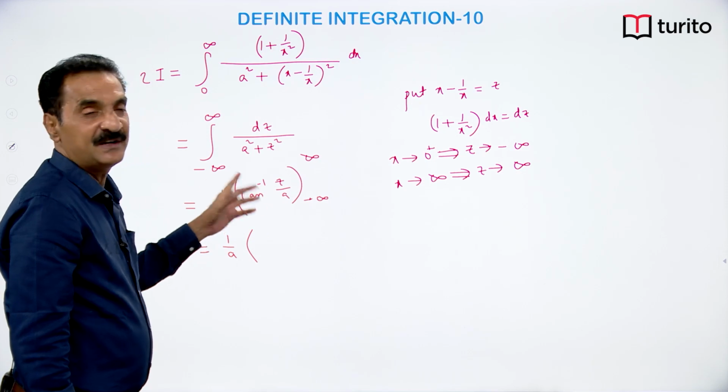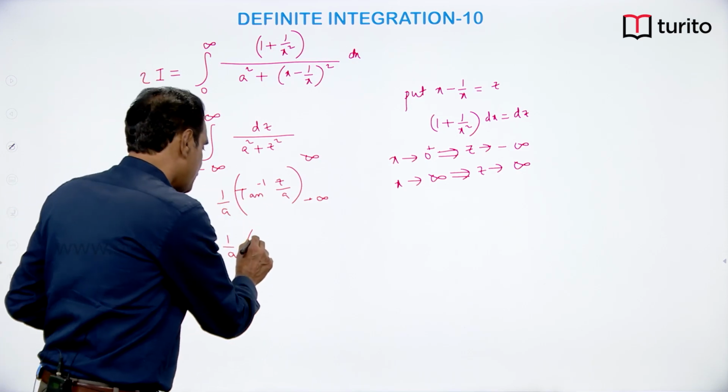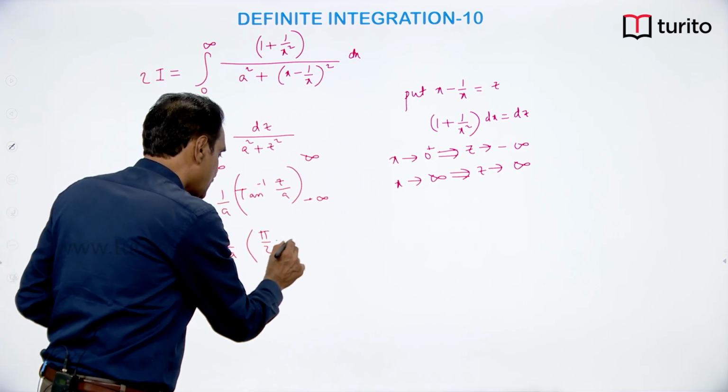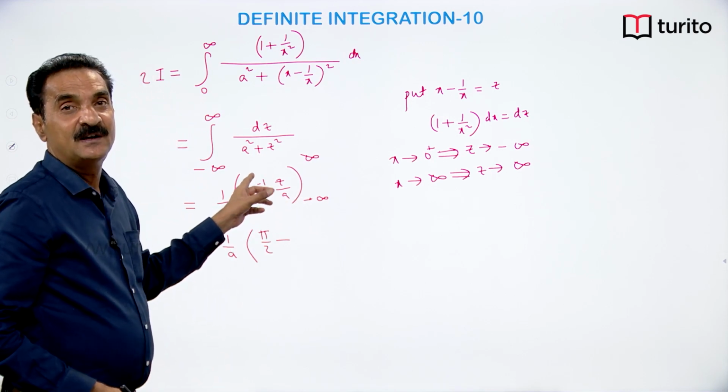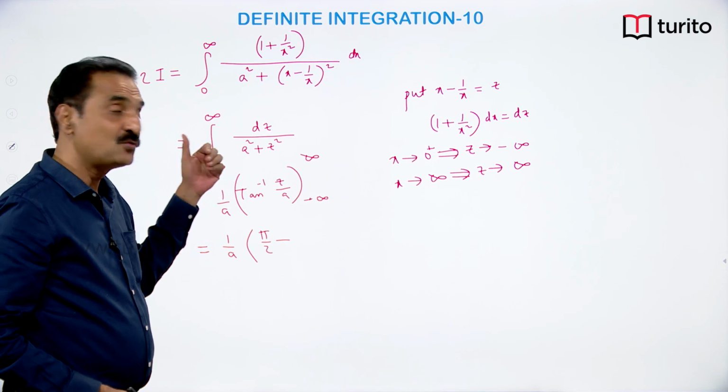Tan inverse infinity tends to pi by 2, minus if you substitute minus infinity, tan inverse minus infinity tends to minus pi by 2.